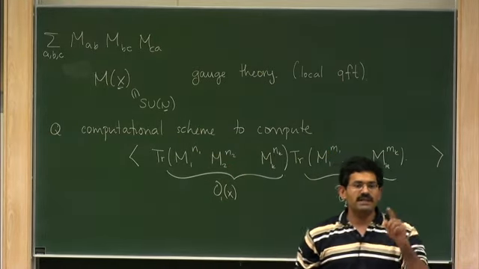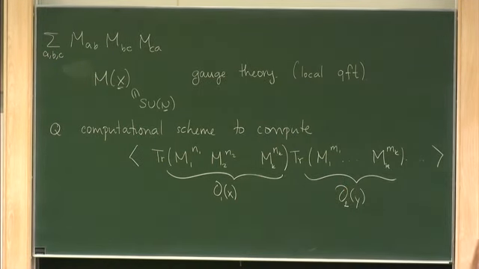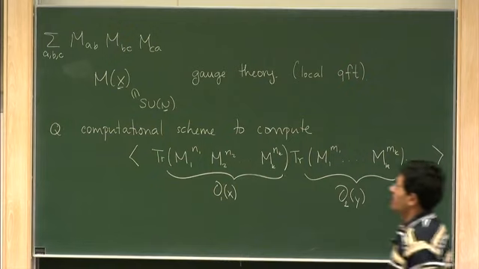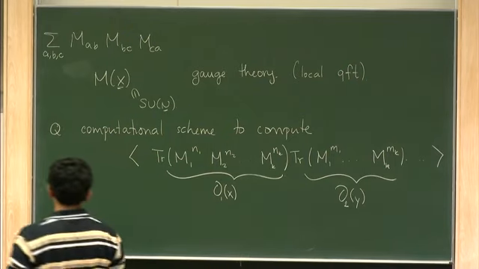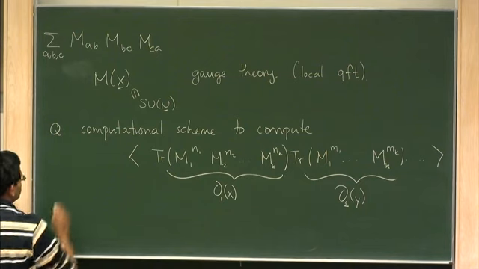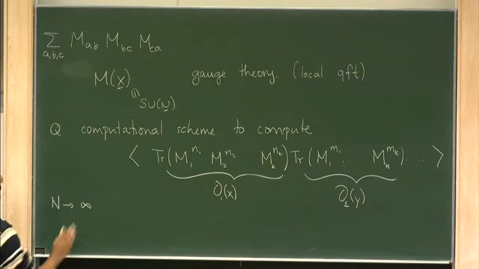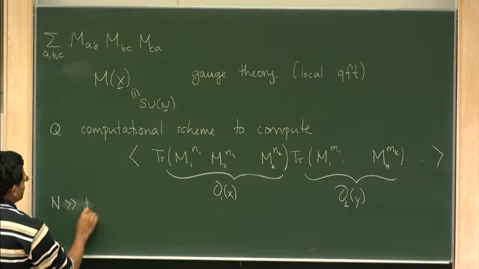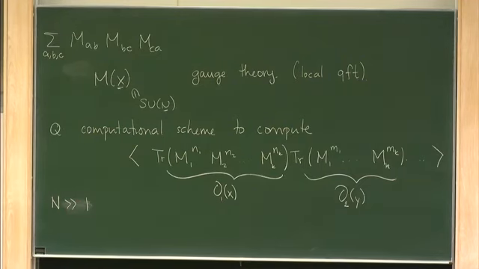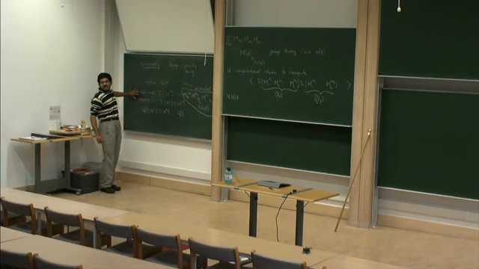But something nice happens, which was noticed a long time ago, which is why I bring this matrix model up, by 't Hooft. If N, the rank of this matrix, is large, or more specifically, let me take N much larger than 1, then there is a big distinction between these simple words and composite words.